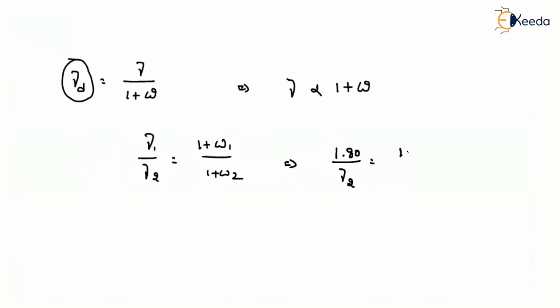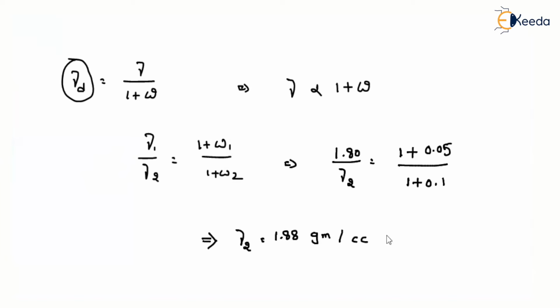Here we have to substitute the water content in decimal, so in the present case it's 0.05. Why? Because 5%, divided by 1 plus 10%, that means 0.1. Then if you solve this, we will get at 10% water content the bulk density is equal to 1.88 gram per cc.